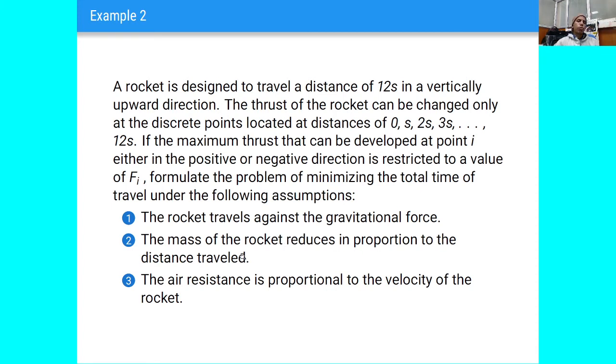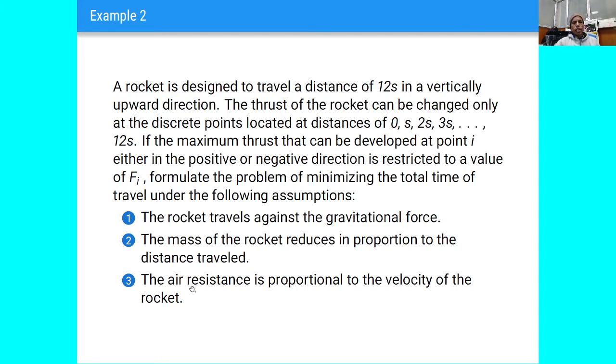Okay, so suppose at the end of segment 1 the proportionality constant is a certain value k. So at the end of segment 1, the mass will be reduced by a value k into s. Okay, so this we will take up then during the discussion.